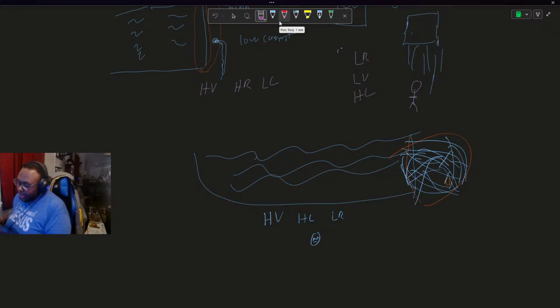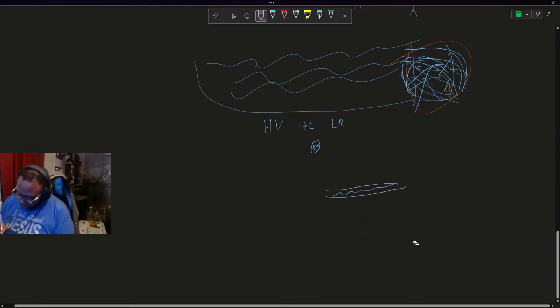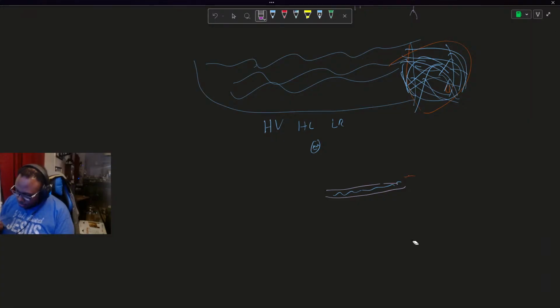Or in a less extreme case, if you have a water hose, a little water hose, but now you're putting this water hose into a pressure washer.